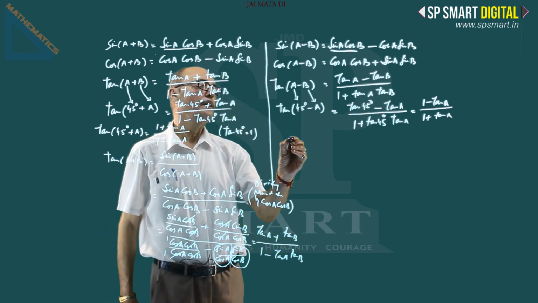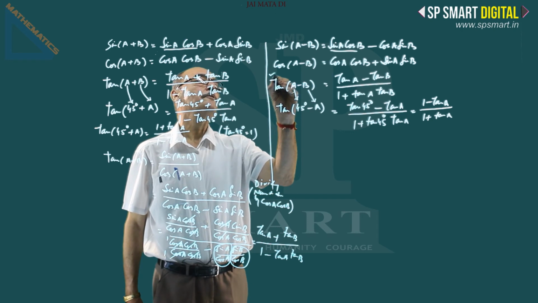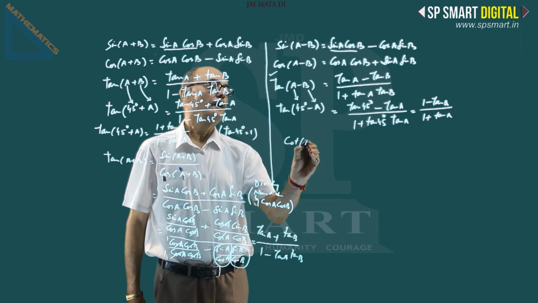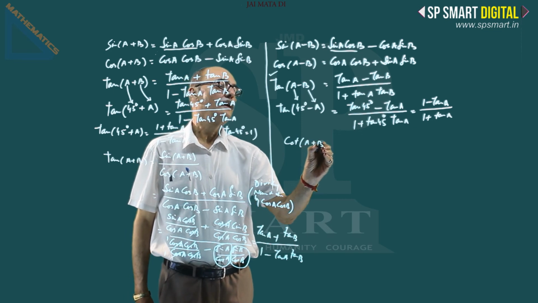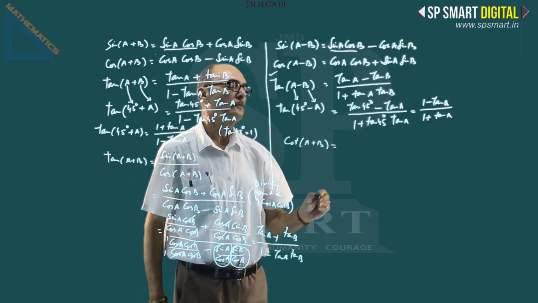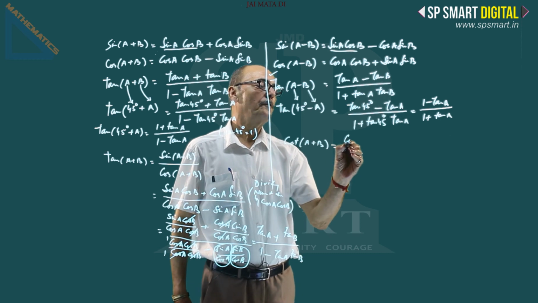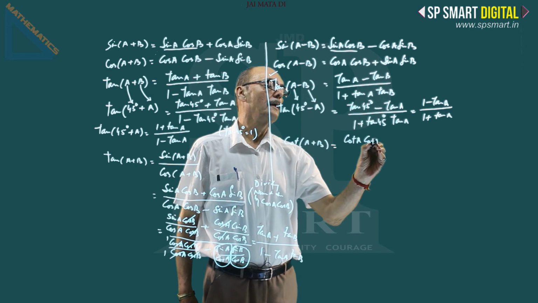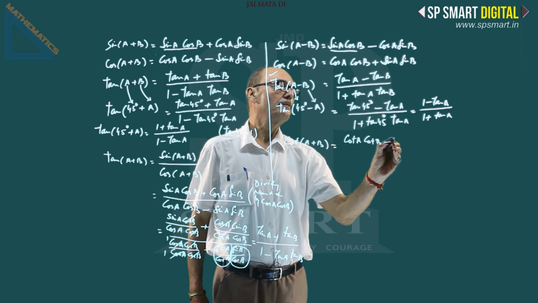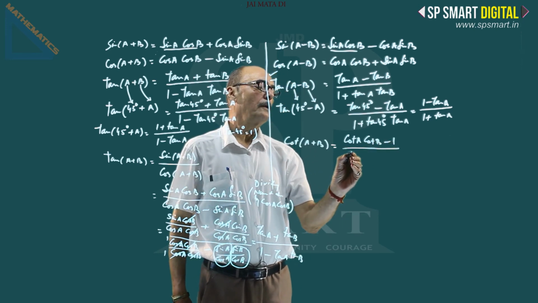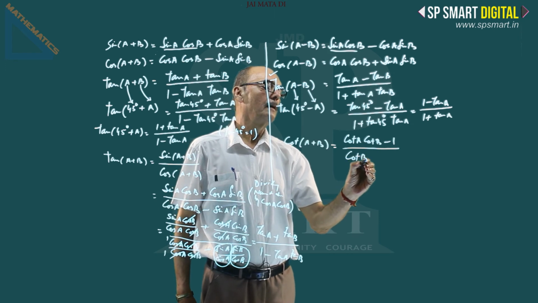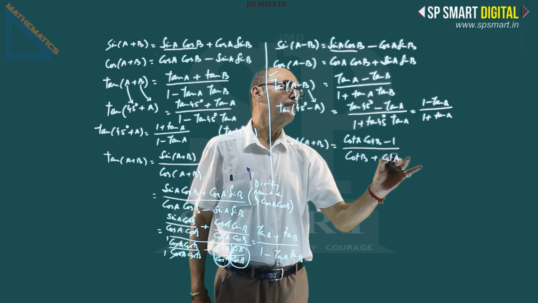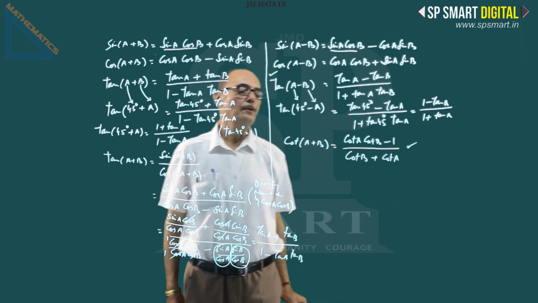Likewise, you can prove tan A minus B and cot of A plus B. So, this is cot A cot B minus 1 upon cot B plus cot A. This is an exercise I am leaving for you.